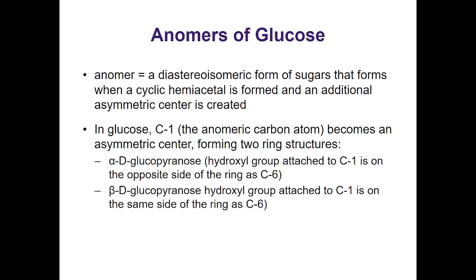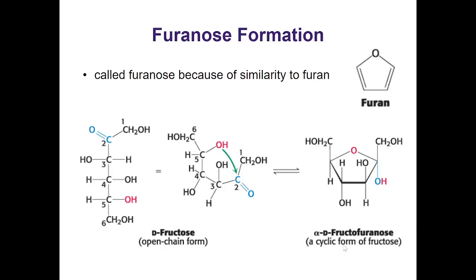Let's talk a bit about the anomers of glucose. Again, the anomer is going to be a diastereoisomeric form of your sugar. This is going to form when a cyclic hemiacetal is formed and an additional asymmetric center is created. And this is why we need these alphas and betas, by the way. What do you notice about this carbon? How many things does it have on it now that are different?